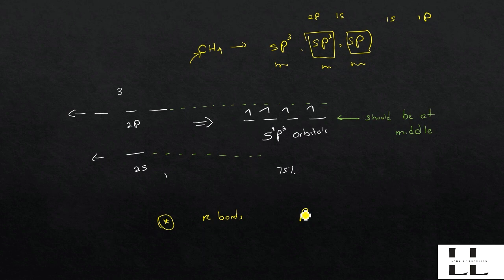So let's do some examples to see how to determine the hybridization of several atoms. Let's firstly take this atom, CH3. We are being asked to determine the hybridization of this carbon.